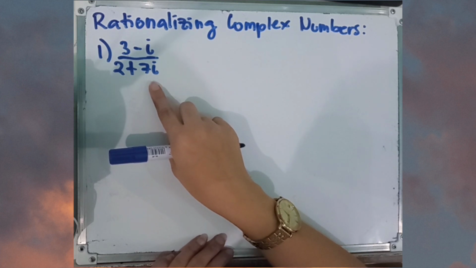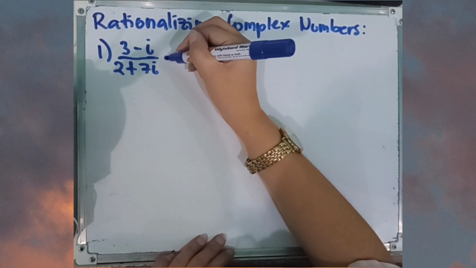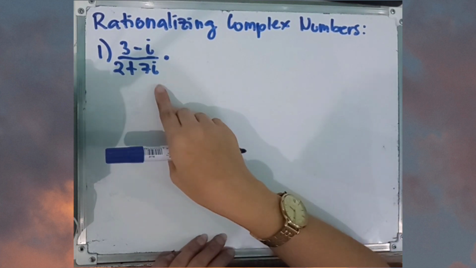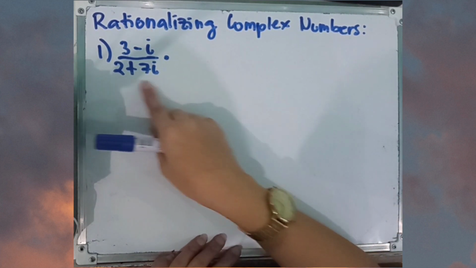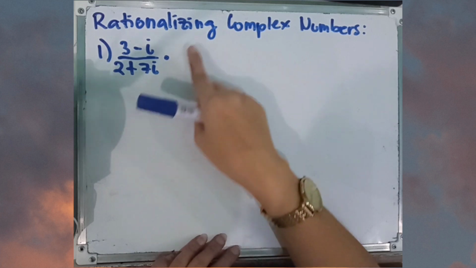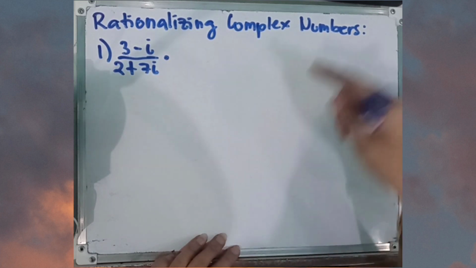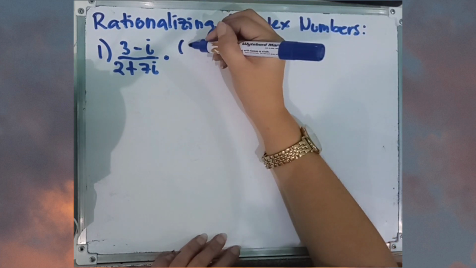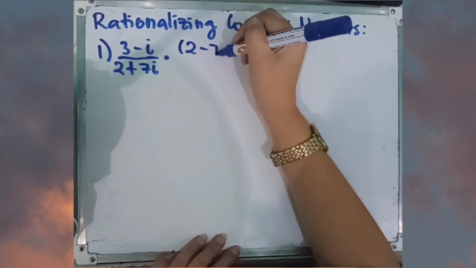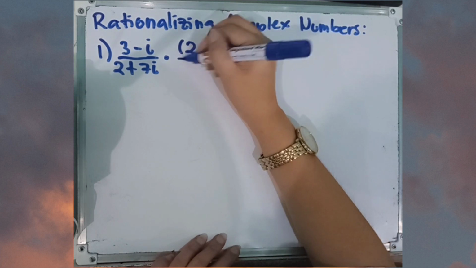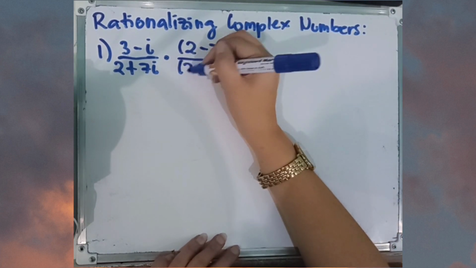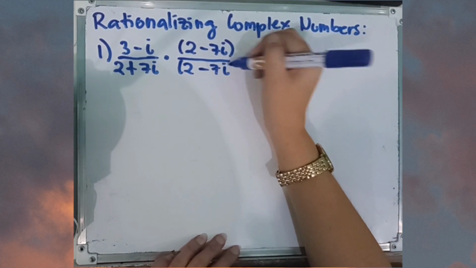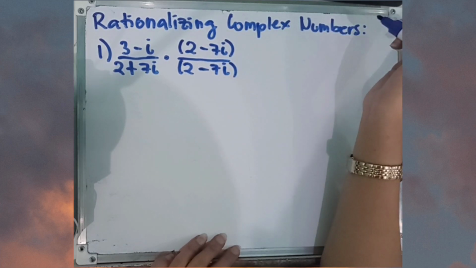So what we can do is simplify by multiplying the conjugate of the denominator to both the numerator and the denominator. So it will look like this. So the conjugate of 2 plus 7i is of course 2 minus 7i, right? Over 2 minus 7i. Okay?